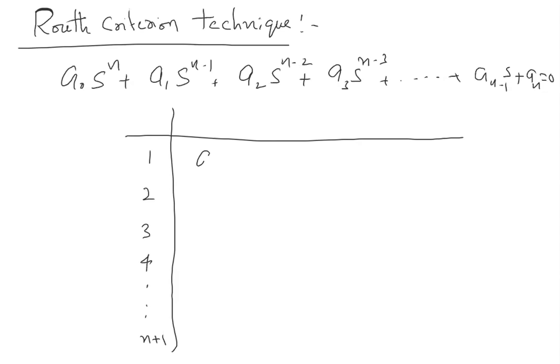Now let's fill the first row: write the alternate coefficients a0, a2, a4, a6 and a8. The second row is a1, a3, a5, a7, a9. So this is how you fill the first 2 rows.